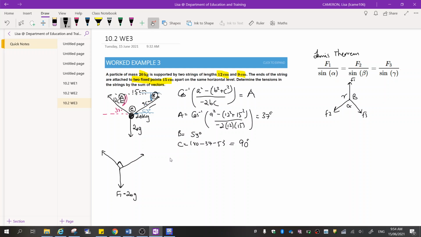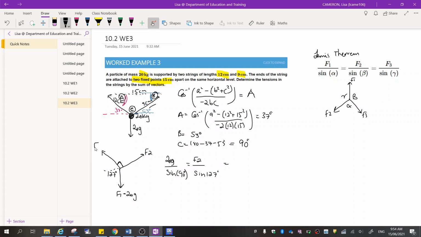So the first one I'm going to start writing is 20G, or times 9.8, I just don't have a calculator handy, over sine of 90 degrees. Now that's going to be equal to, now this angle in here was 37 plus 90, because that's a right angle in there. So 37 plus 90 makes 127 degrees. And this one over here, we'll call force 2. So force 2 is the one that we're trying to find, and it's over sine of 127 degrees.